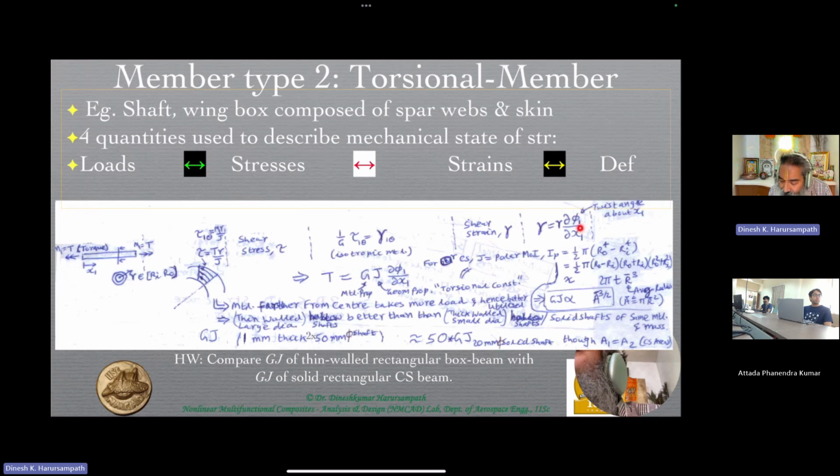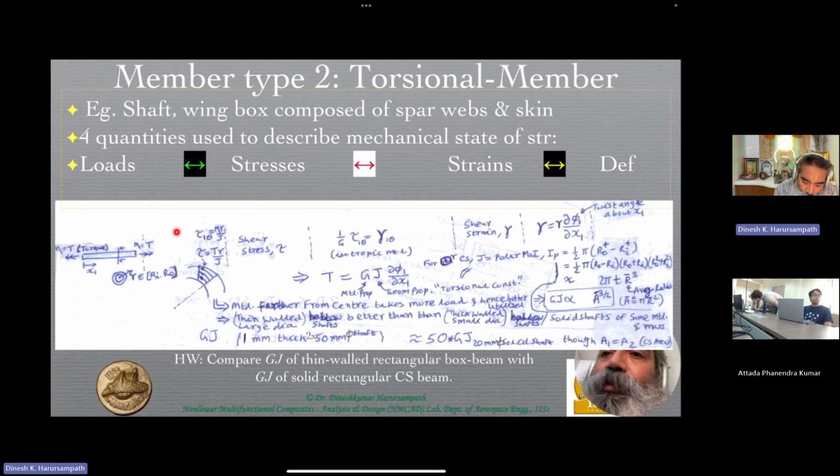Phi is the rotation in any direction. It's also a vector, but the particular measure number that we are interested in is phi1, which is essentially the rotation about the x1 axis. So in other words, you're applying a torque about the x1 direction, which means that the twist will also be about the same x1 direction as the major effect or output of this input, which is the torque. So that is phi1.